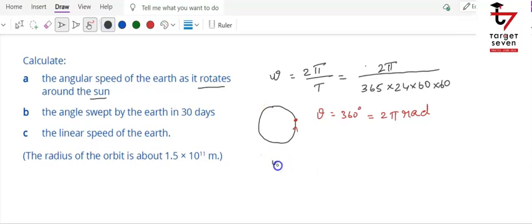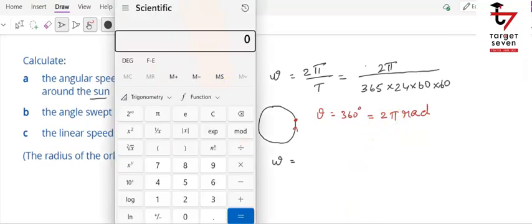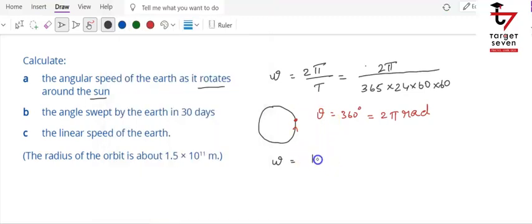Now coming back to the solution, omega is equal to 2 pi upon that particular value here. Let's make use of the calculator. 2 into 3.14 divided by 365 divided by 24 divided by 60, and this being further divided by another 60, that would give us 1.99 into 10 to the power negative 7.